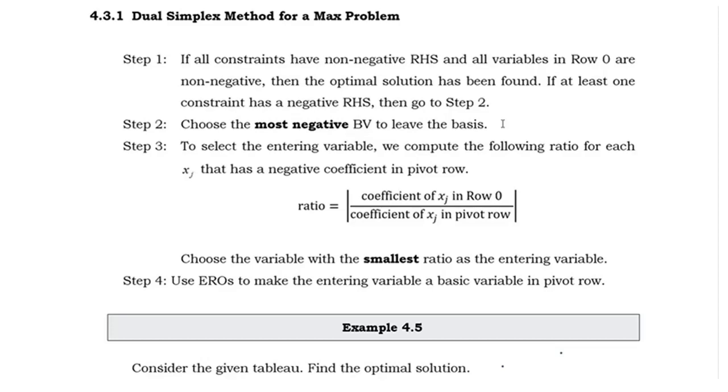Next, calculate the ratio for each variable that has a negative coefficient in the pivot row. The ratio formula is the modulus of the coefficient of the variable in row 0 divided by the coefficient of that variable in the pivot row. Choose the variable with the smallest ratio as the entering variable. Finally, apply the EROs to update the tableau.